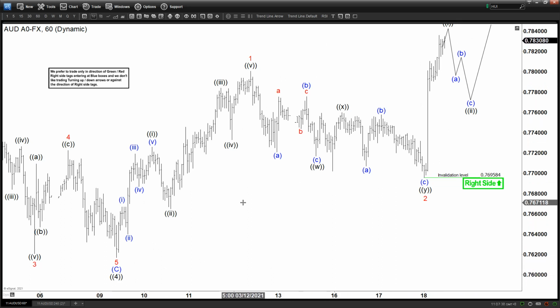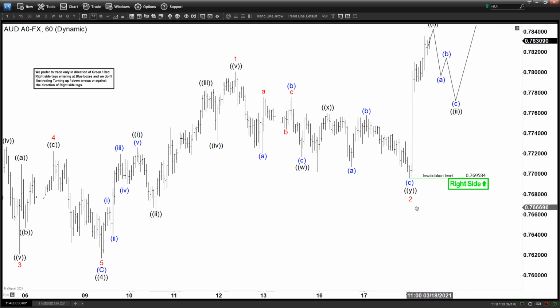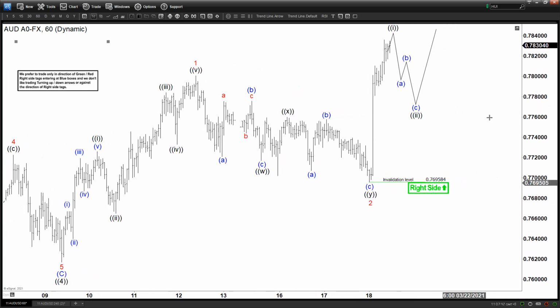Now let's take a look. First of all, let's check out what we expect. As long as the pullback stays above that low before the FOMC, we should be extending higher.